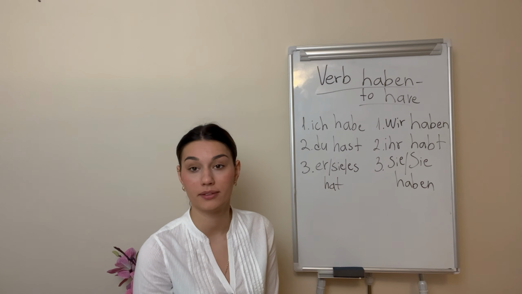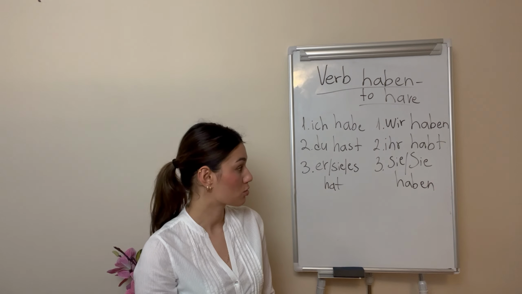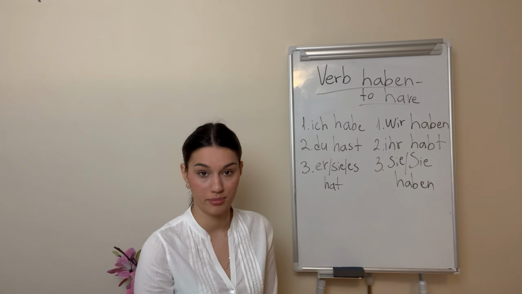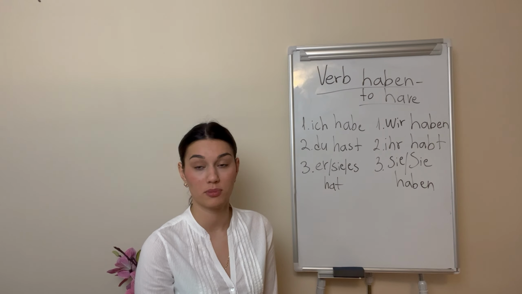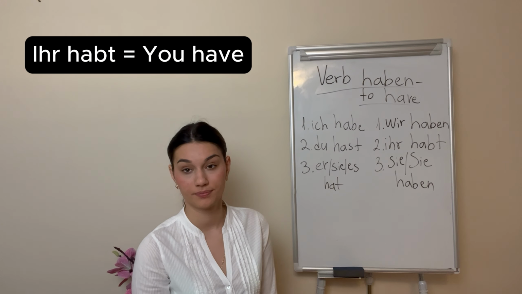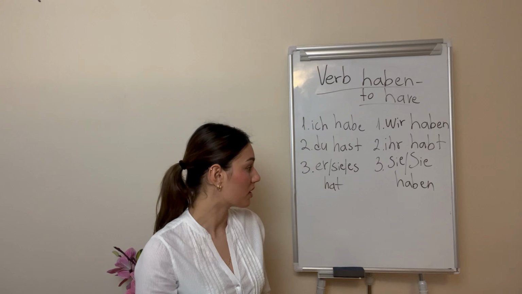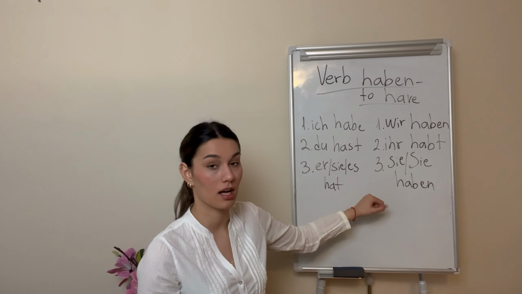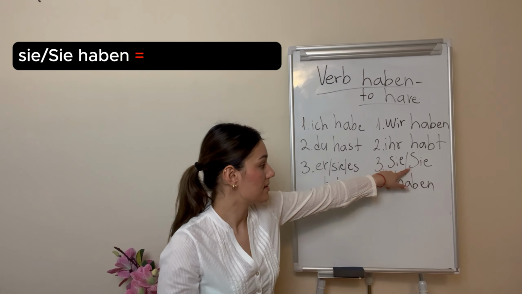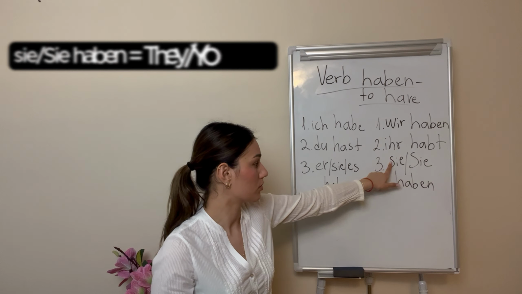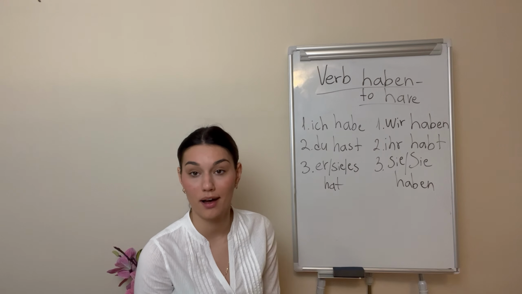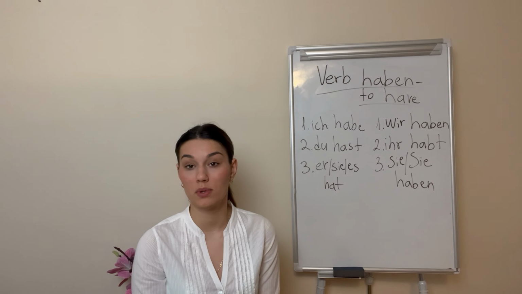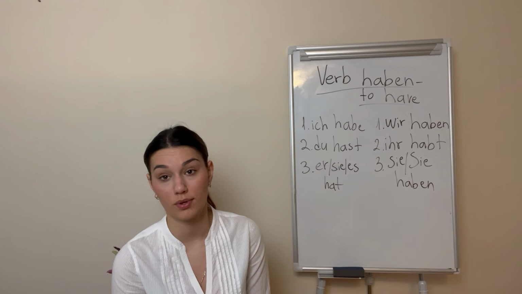The next one. Ihr habt. Repeat that after me. Ihr habt. And the last one here. Sie or sie haben. So, sie with capital letter or not capital letter. Sie haben.